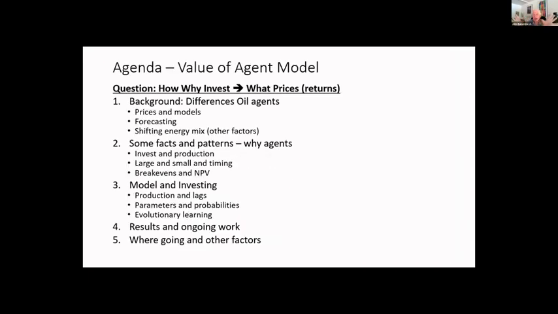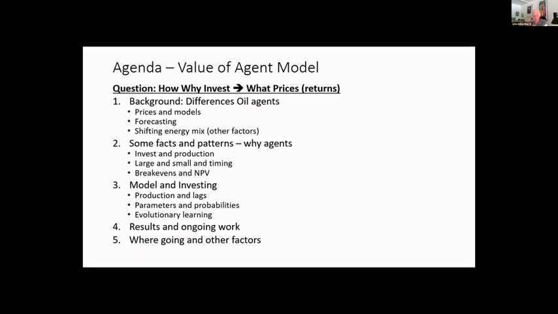So I will quickly go through some obvious background that we've all seen, touching on scenarios and different models, and then look at what is obvious to most of us, which is that the operators around the world are different. They've got different objectives, the NOCs, the IOCs, and we've got countries and everything else.